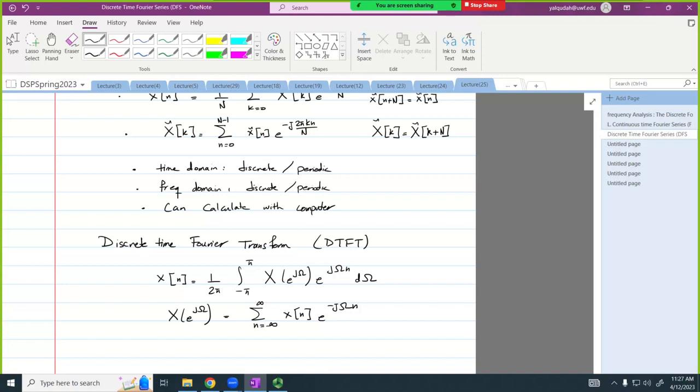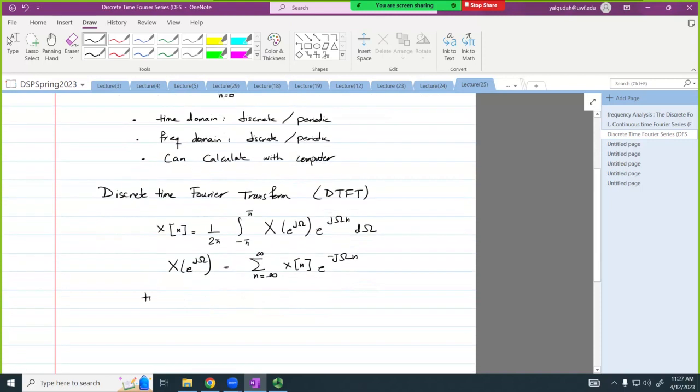So for this transform, in the time domain the signal is discrete, and in the frequency domain the signal is continuous and also periodic. And again, we cannot use the computer to calculate it because of omega.